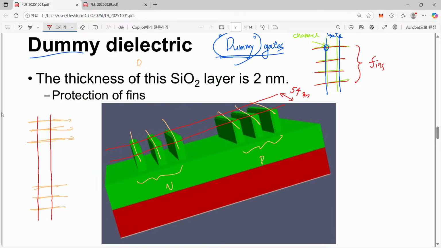Somebody says that 7 nanometer has the fin thickness of 7 nanometer, and if we go to 5 nanometer technology, then fin thickness becomes narrower, close to 5 nanometer. But it doesn't mean that TSMC's 3 nanometer technology has 3 nanometer fin. It's not.